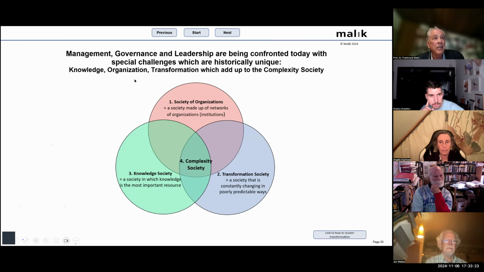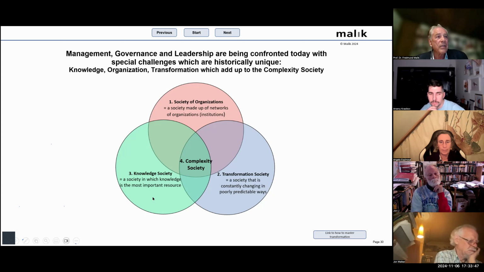Knowledge, organization, transformation, which add up to the complexity society, as I like to name it. Society of organizations, transformation society, a society that is constantly changing in poorly predictable ways. And third, knowledge society, a society in which knowledge is the most important resource, and overall, the complexity society.